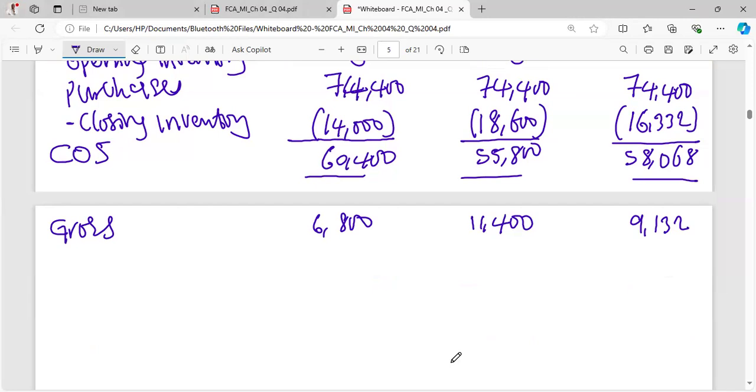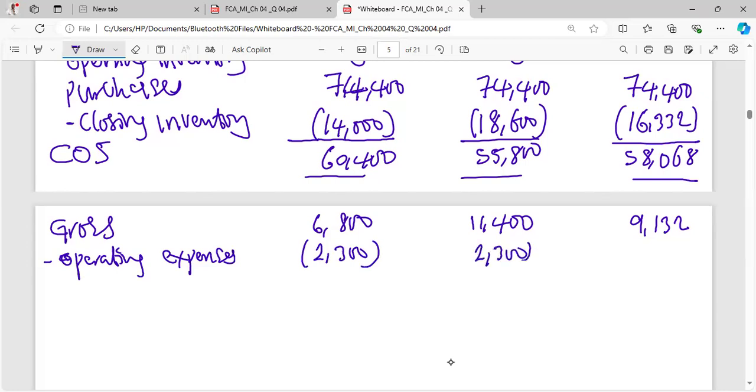So less admin expense, we'll call it admin, or less expenses or operating expenses, 2,300.